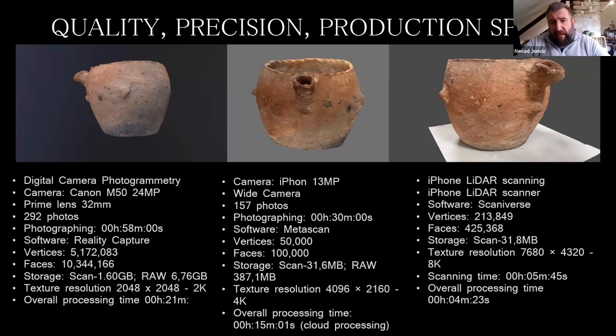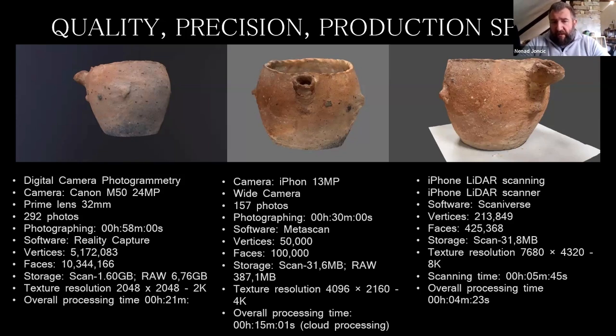In the second example, you can see the same thing done with the iPhone camera. Number of photos, photographing time, software that's used, vertices and faces, storage space. The texture is a very important thing.